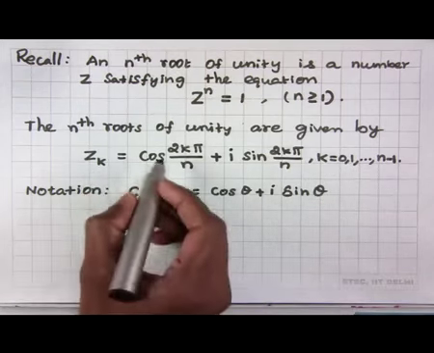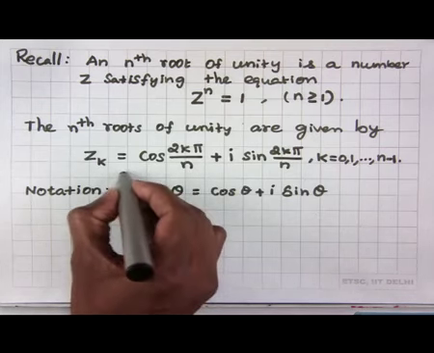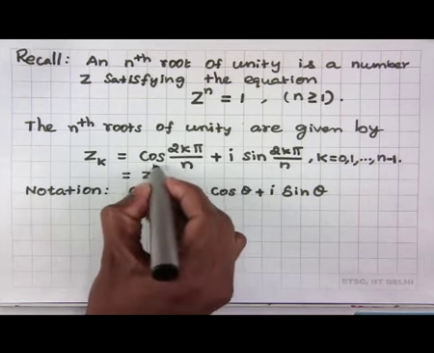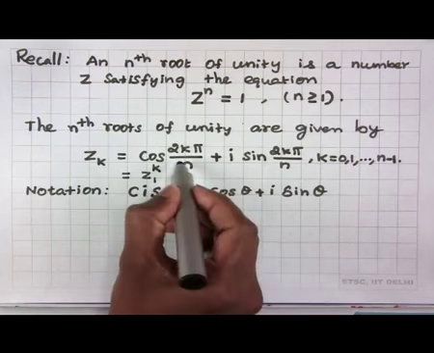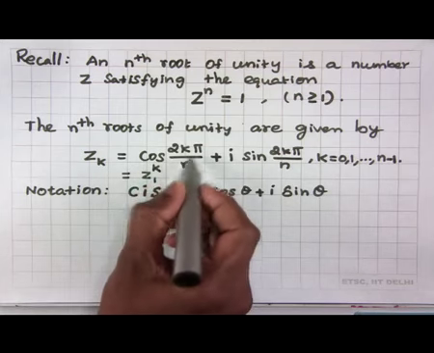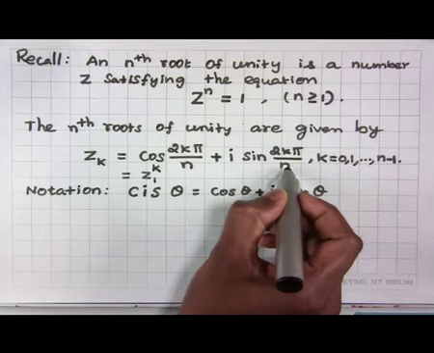And we notice that these zk is nothing but z1 to the power k. So, you consider k equal to 1, which is z1, that is cos of 2 pi by n plus i sin 2 pi by n.